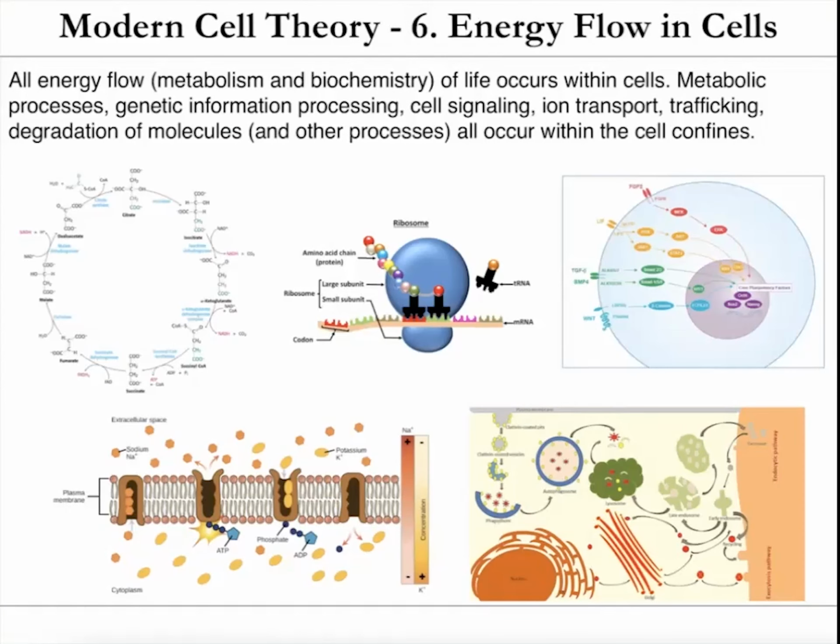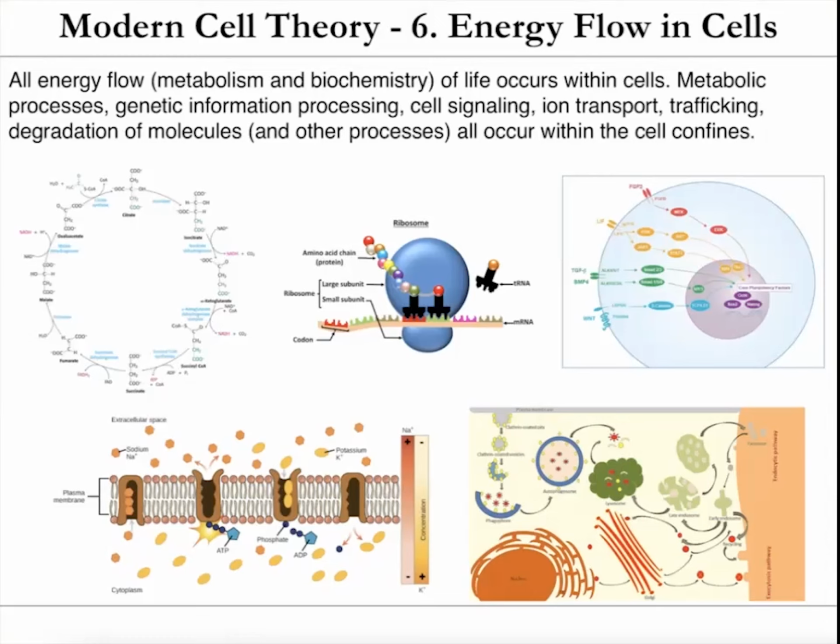And that brings us to the sixth point of the modern cell theory, which is that all energy flow, basically metabolism and the biochemistry of life, occurs within cells. So things like metabolic processes, genetic information processing, cell signaling, ion transport, trafficking of different molecules, and the degradation of molecules, and all the other processes that make a cell function, they all occur within the confines of the cell.